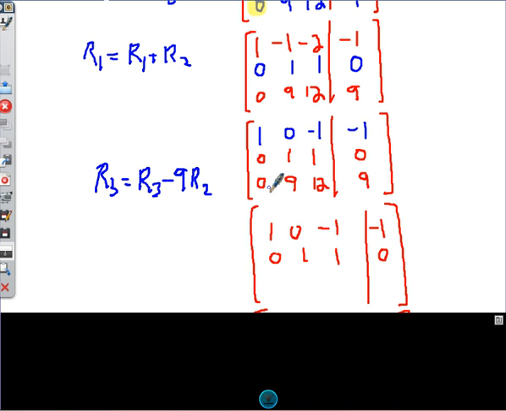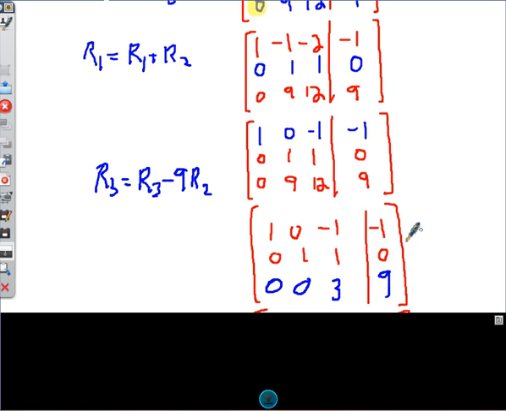Okay, so 0 minus 9 times 0, your 0 remains here. You get 9 minus 9 here, you created a new 0. You get 12 minus 9, which is 3, and 9 minus 0, which is 9.